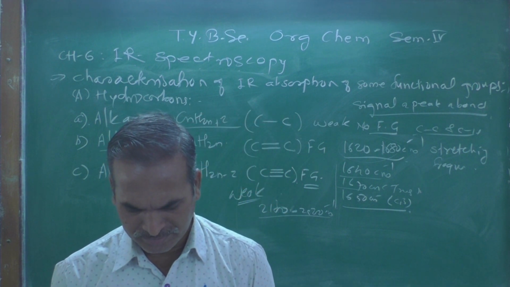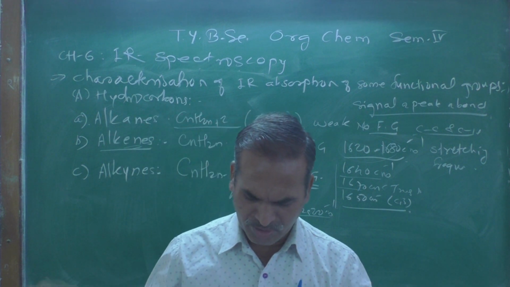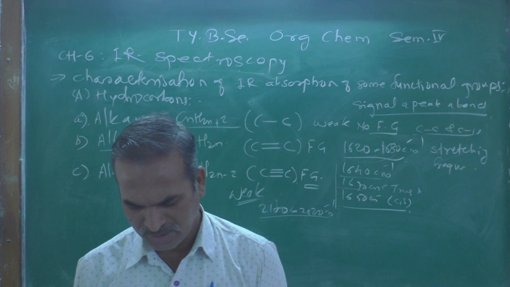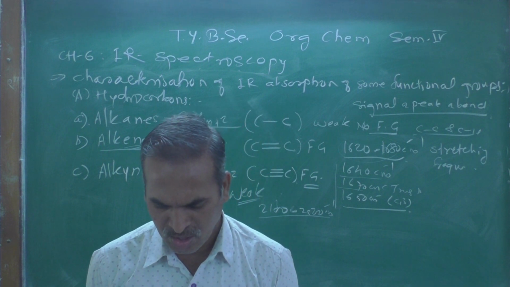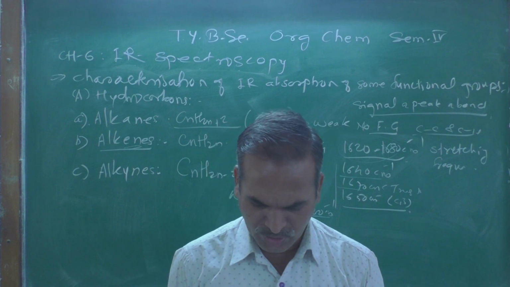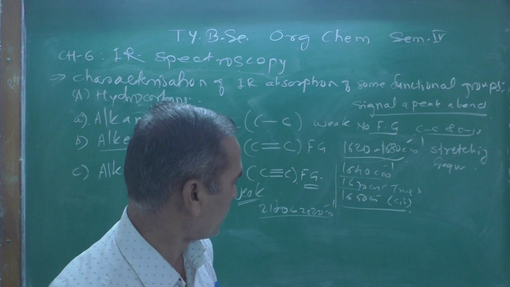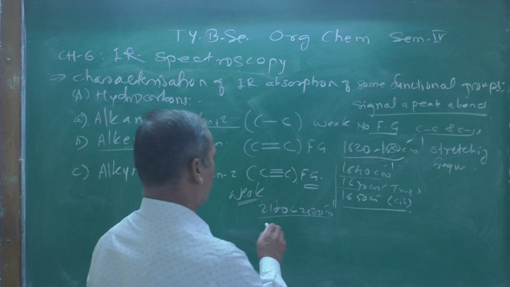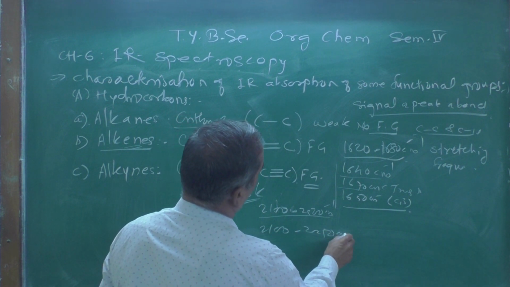The weak carbon-carbon triple bond stretching bands of acetylenic molecules occur in the region of 2100 to 2260 per centimeter. Generally, here it is shown as 2100 to 2250 per centimeter.